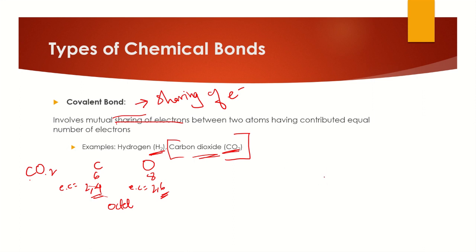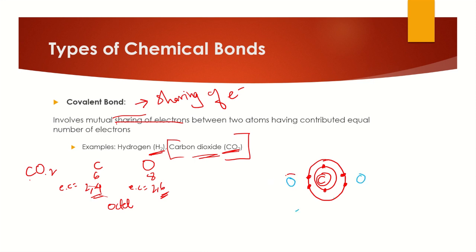To explain this, let me draw its structure. So we have one carbon atom with 2 shells. The first shell contains 2 electrons, the second shell contains 4, 1, 2, 3, 4. Now let me draw the oxygen atom first. There are 2 oxygen atoms, each going to share 2 electrons to become stable.